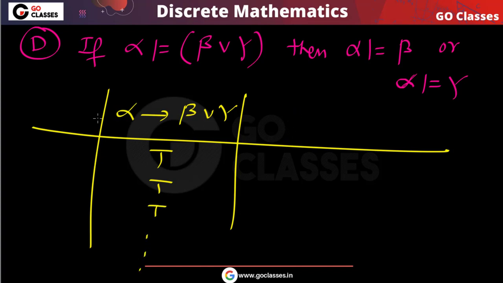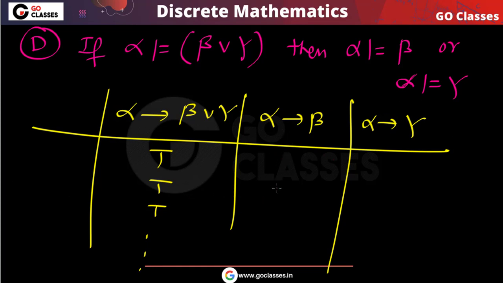Now, I will try to make it false. I will try to make it false means, alpha implies beta, I will try to make this a non-tautology. I will try to make it false, and I will also try to make it false. If I can make it false, then I can definitely say that this option D is false.